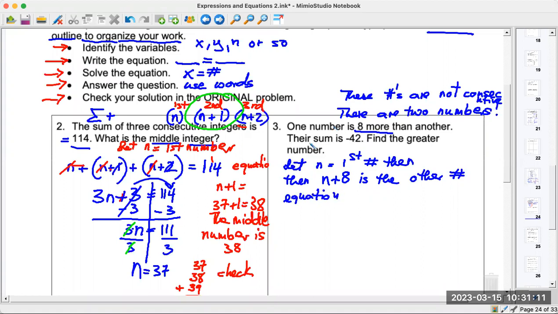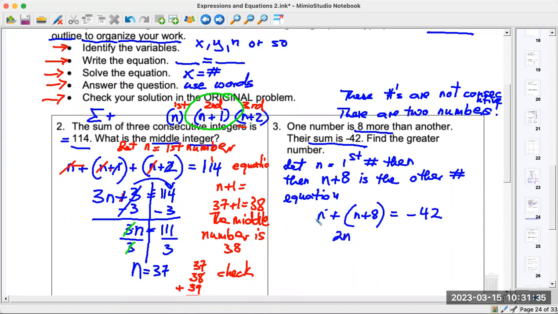Because I know their sum is negative 42. So if I add something up, it becomes negative 42. So I have n plus n plus 8 has to be negative 42.